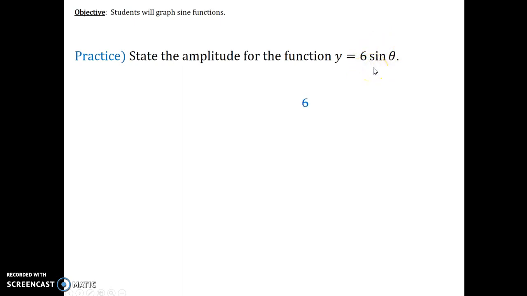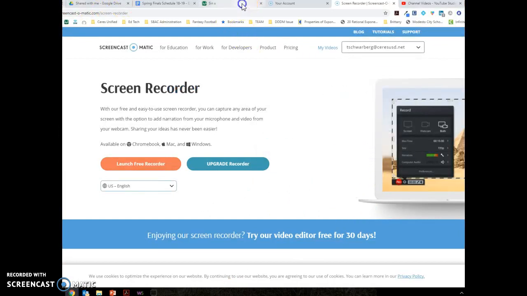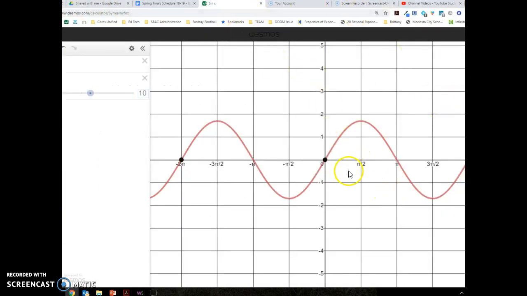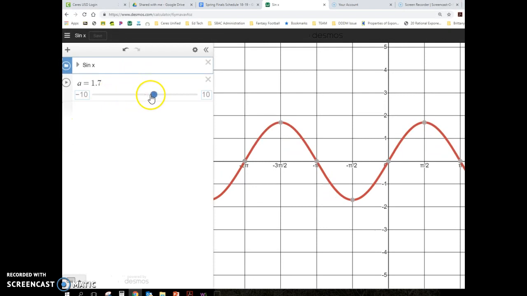And if you're thinking about this in terms of other graphs that we've looked at this year, your a value causes vertical compression or vertical stretch, and in this case we're stretching the graph up 6. So I wanted to show you what this looks like. Here is the sine function graph, and I'm going to stretch this a value.